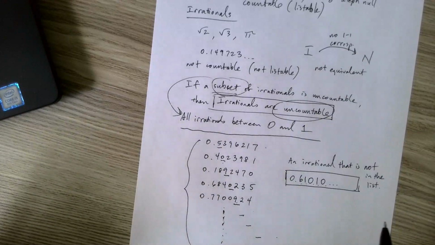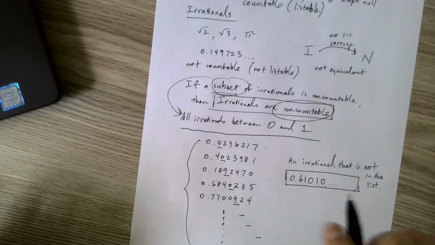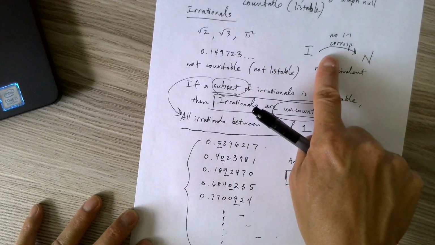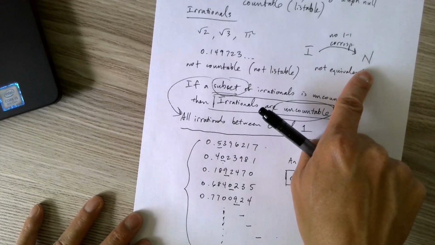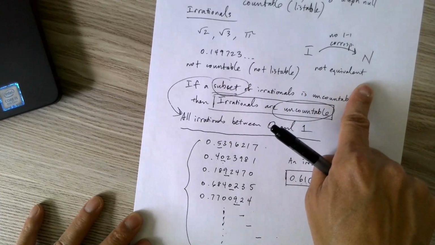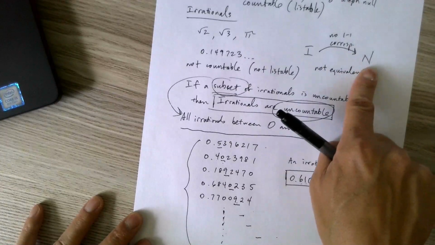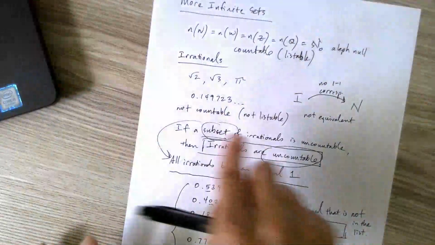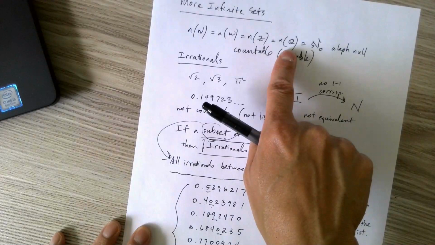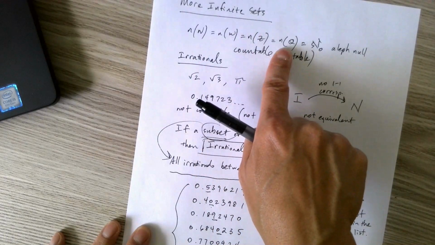If the whole family of irrationals is uncountable, then you can't list them. And if you can't list them, you can't put them into 1-1 correspondence with the naturals, therefore not equivalent. And if they're not equivalent with the naturals, guess what? They're not equivalent with wholes, integers, rationals, any countable set.